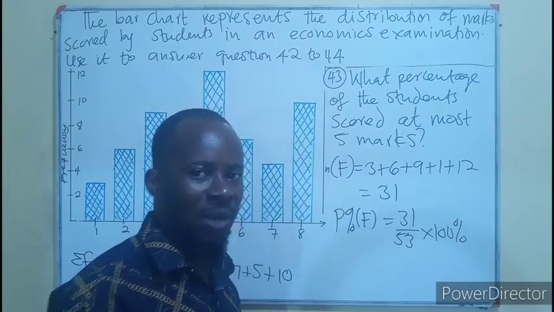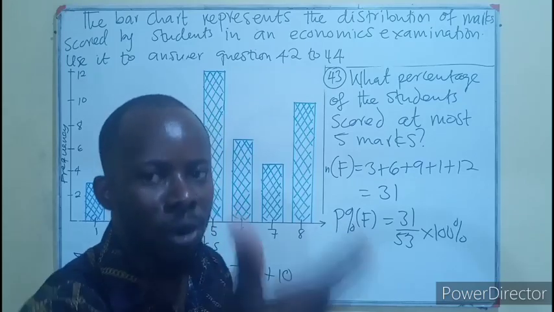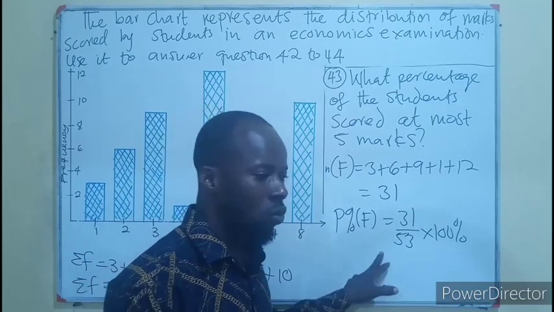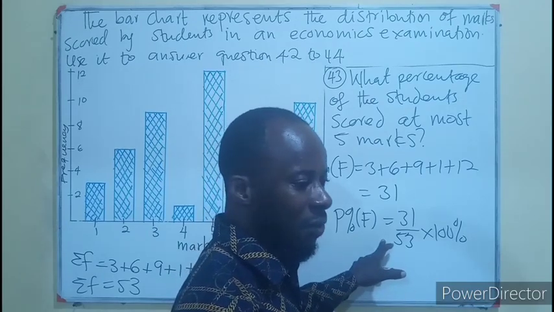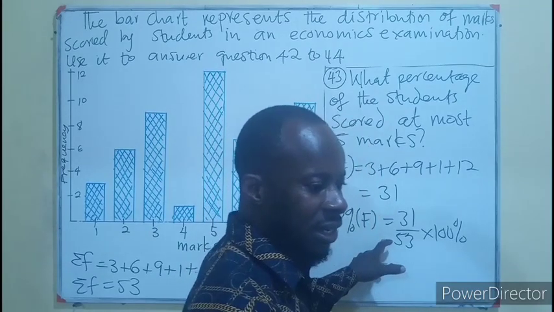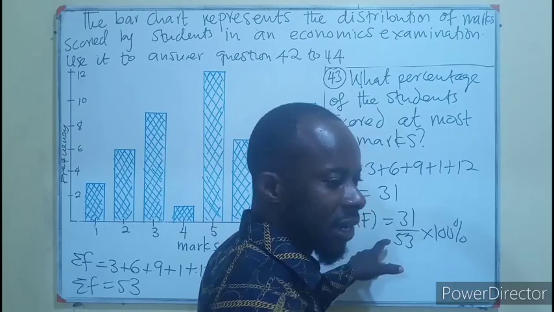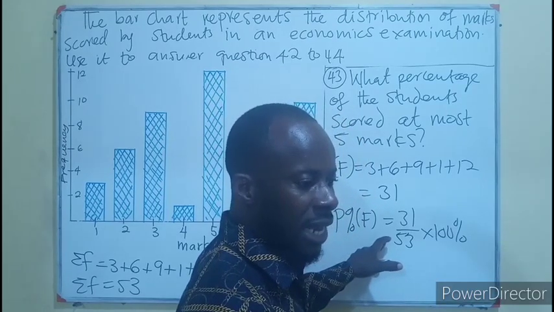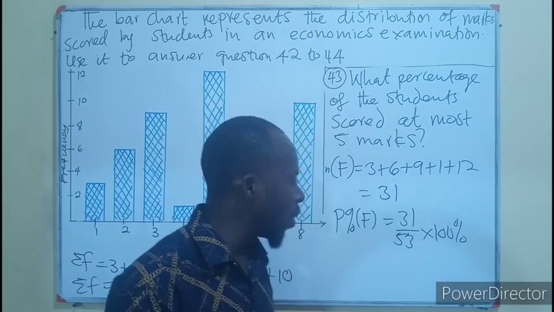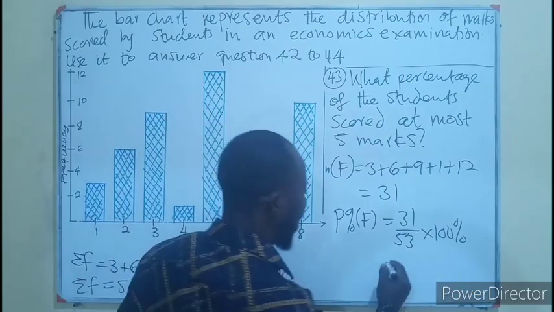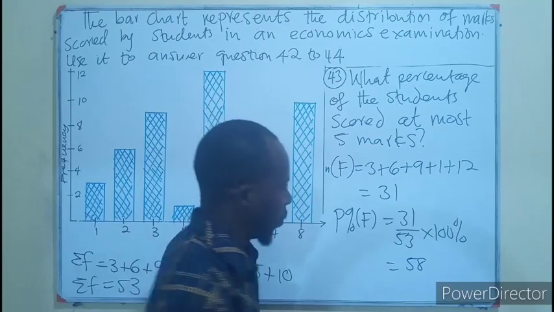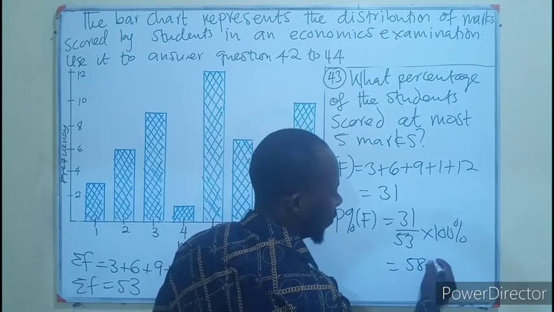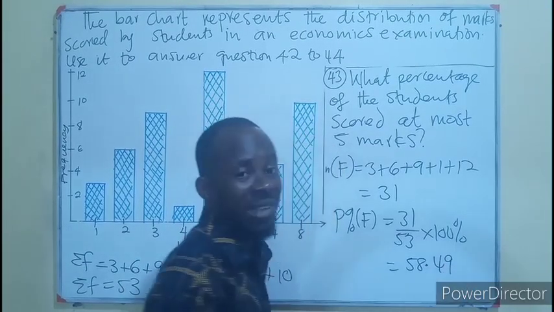You know, for a percentage, we always need a fraction before we multiply by 100. So what would that be? On our calculator, we are going to have 31 divided by 53. Then we multiply that by 100. And that gives us 58.49, so we have 58.49%.